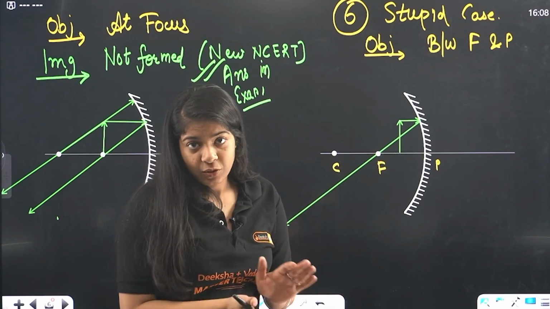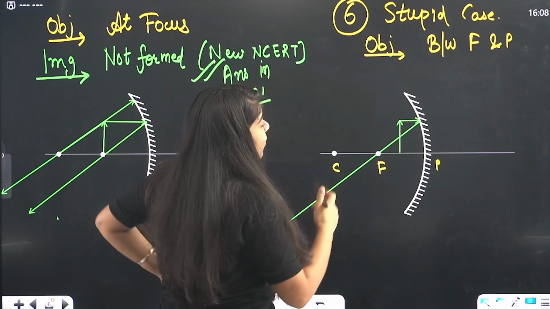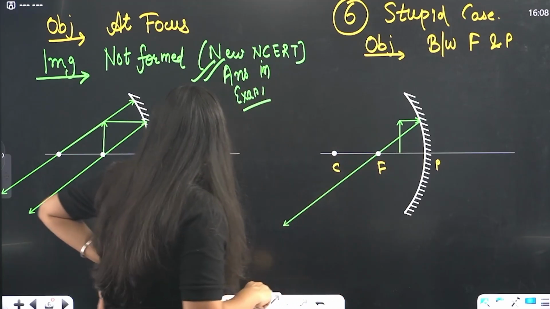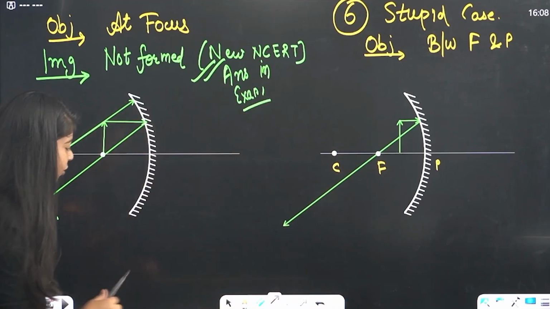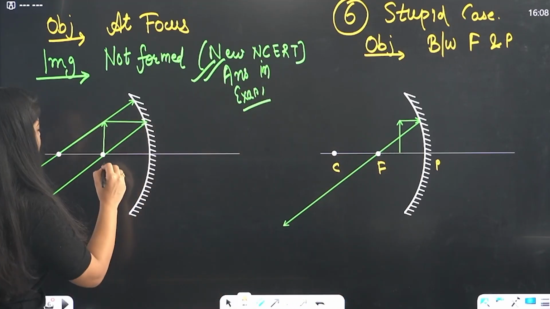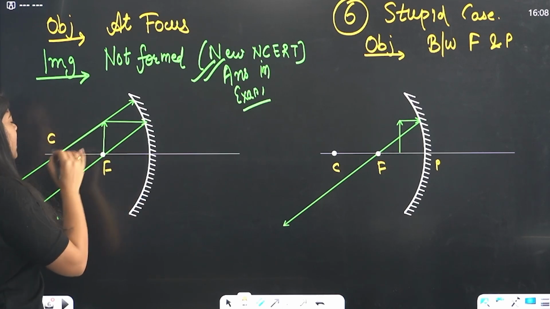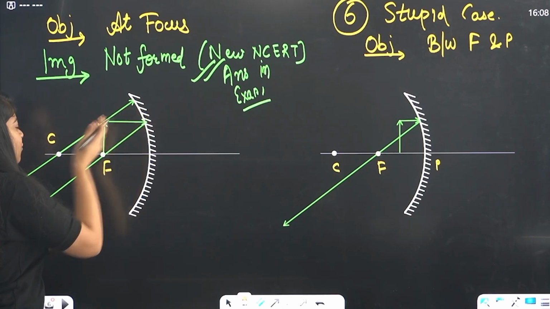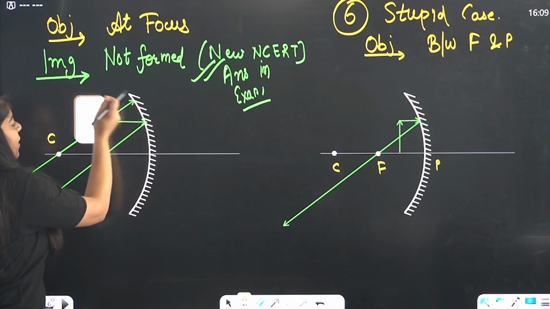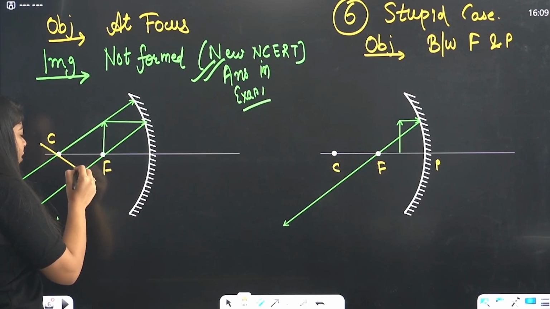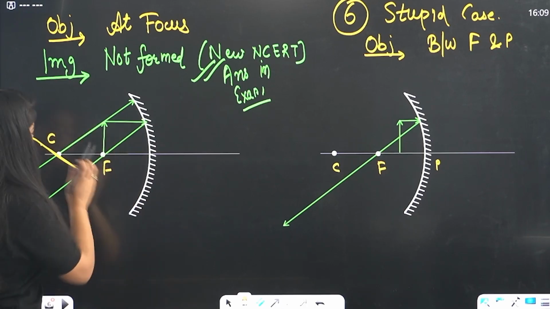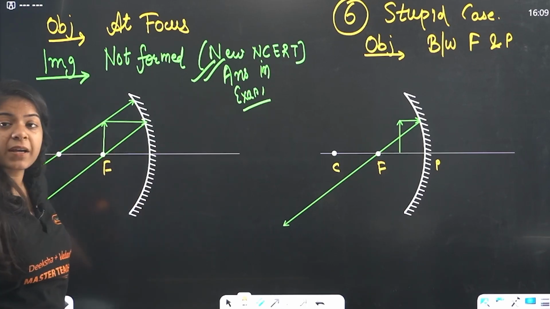This is something you remember. Okay, then ma'am, I know last time I maybe forgot to tell you, but this is just a revision. So beta, one more rule: whenever a ray passes from the center of curvature, it goes back in the same direction.